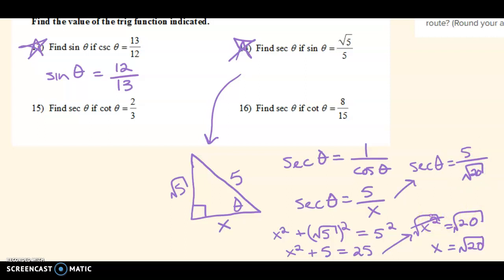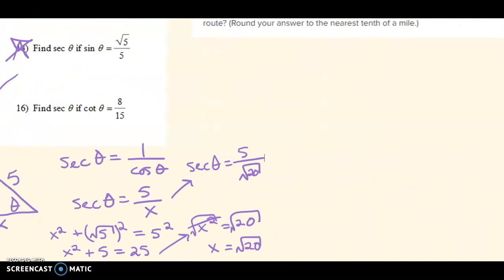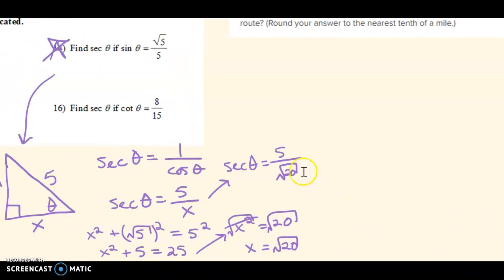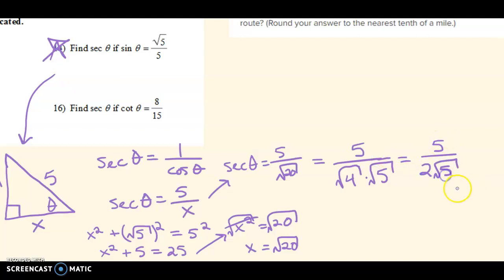Now, of course, we know we cannot have a radical in our denominator. So we need to rationalize this fraction as well. One thing I know is that the square root of 20 is the same thing as the square root of 4 times the square root of 5. Square root of 4 is 2, times square root of 5. Rationalize by multiplying both of these by square root of 5.